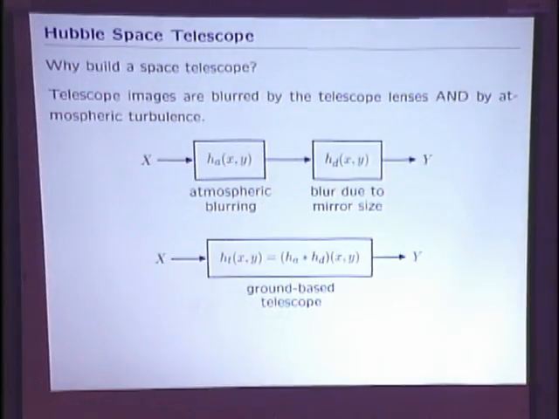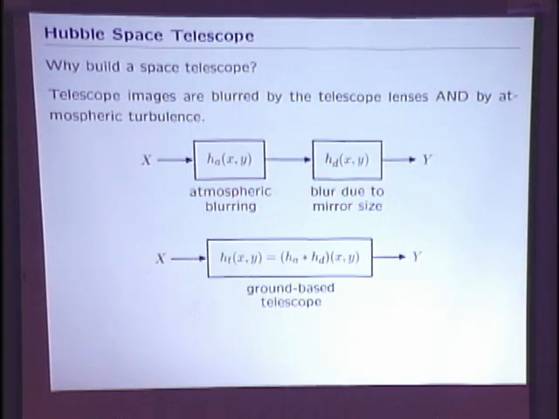It turns out, and it's pretty easy to show, that the combined effect of the atmosphere and the lenses is the convolution of the individual parts. You can think about atmospheric blurring as convolving with the atmosphere's point spread function, and you can think of the blurring due to the telescope as convolving with a blurring function due to optics.